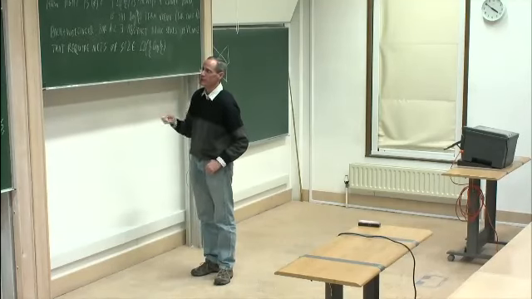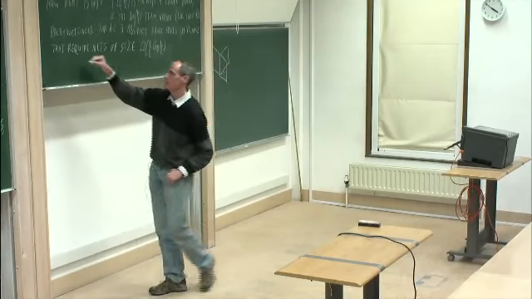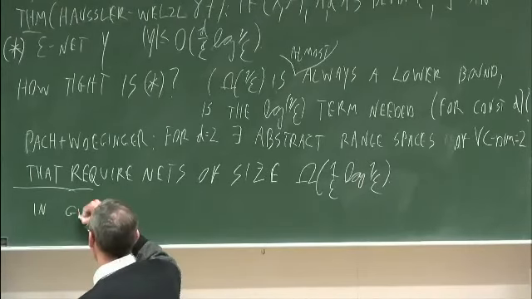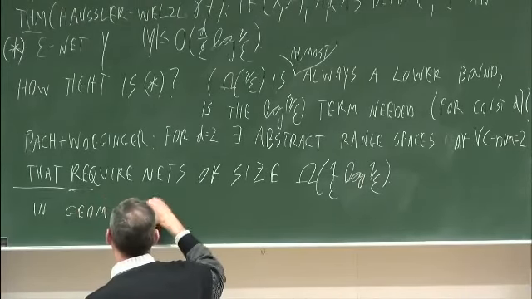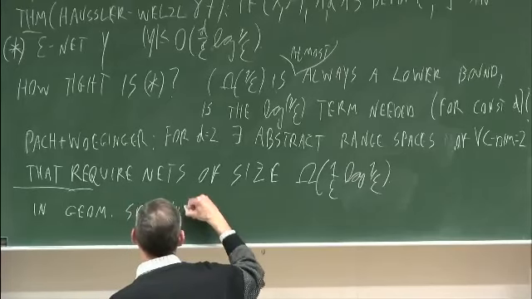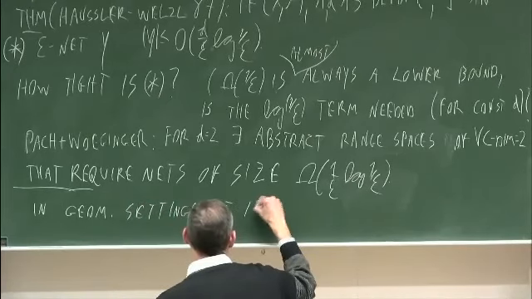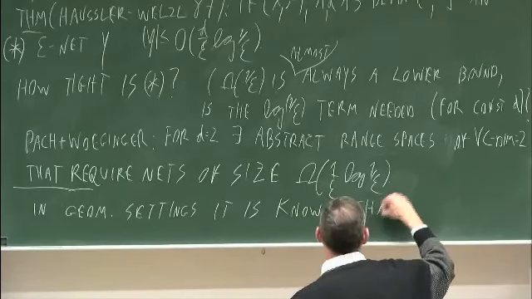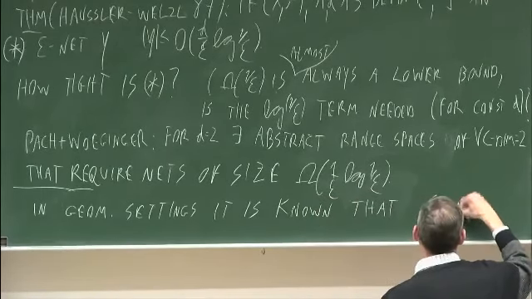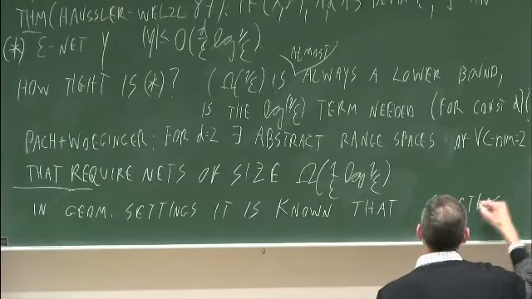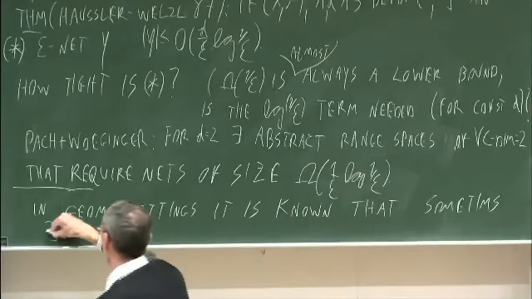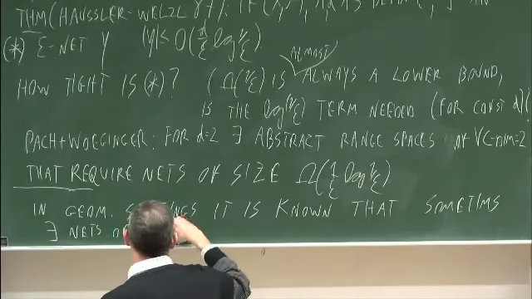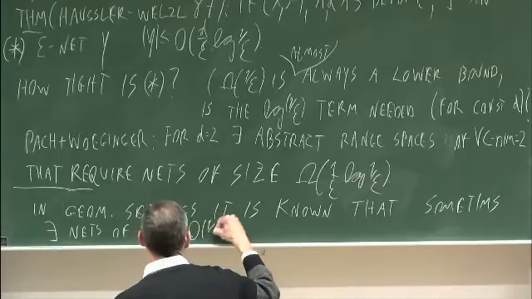But for the geometric cases, there were several examples. So let me list a few. So in geometric settings, it is known that sometimes there are nets of size linear in 1 over epsilon.